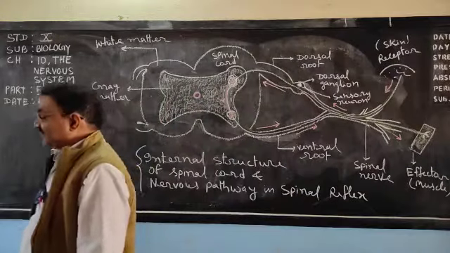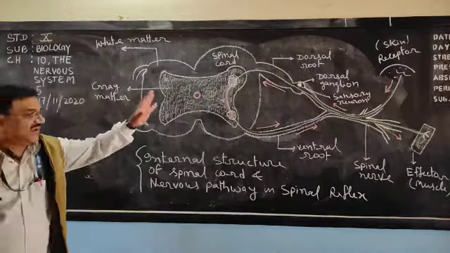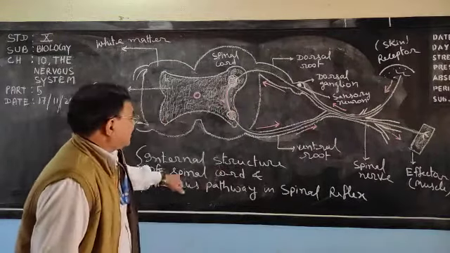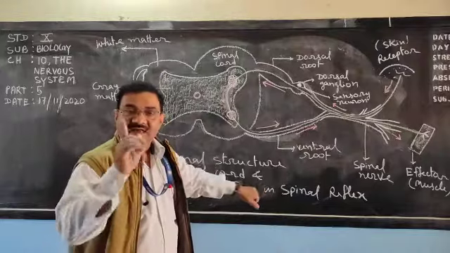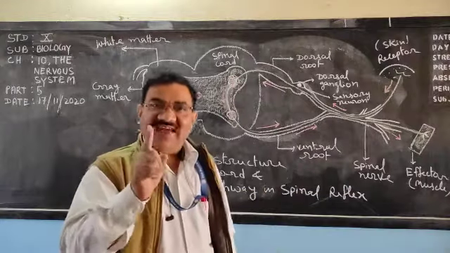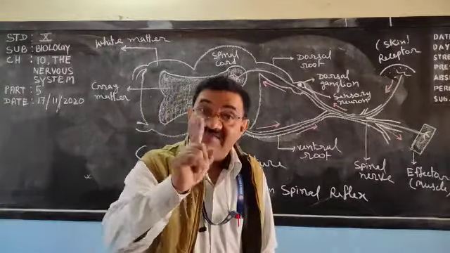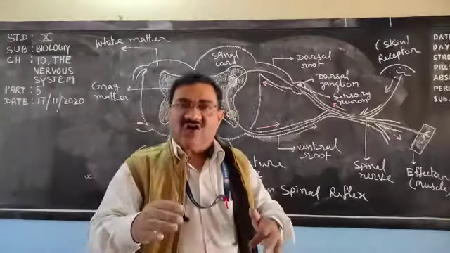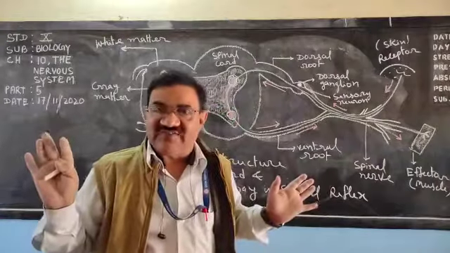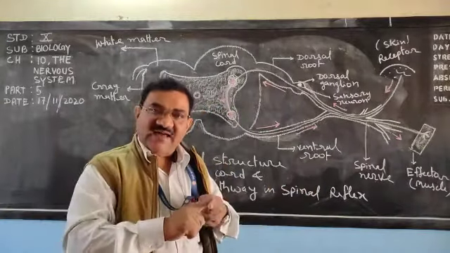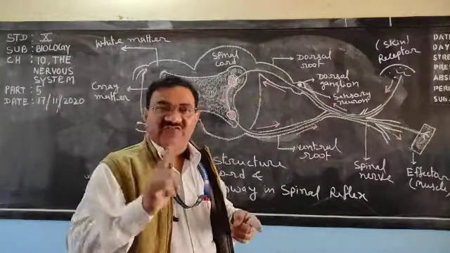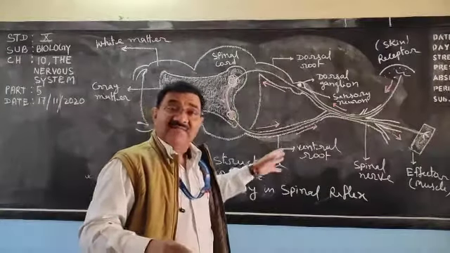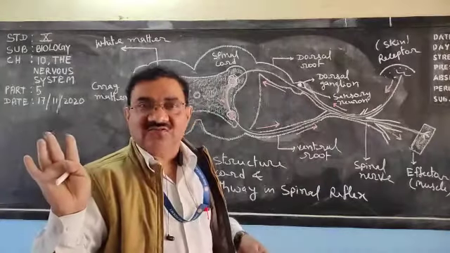Dear children, see the diagram that I have drawn: the internal structure of a spinal cord. I have told you this diagram is very important for a 5 marks question. Generally, this diagram is drawn and diagram based questions are asked, but we can't say whether this year it may be asked to draw.